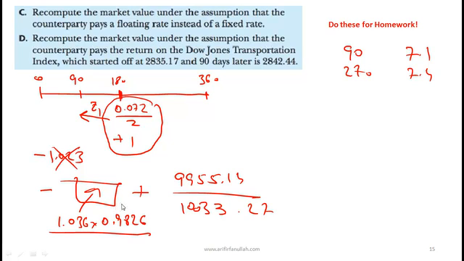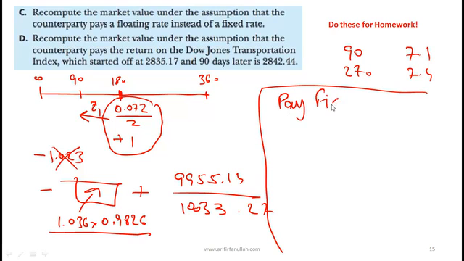Another way, in case this seemed a little awkward to you, is imagine the following. So if you are, let's say, pay fixed, receive equity. Okay, so just at least once in your life do it this other way and make sure you get the same answer. So if the notional principal is given, then how do you figure out your pay fixed?